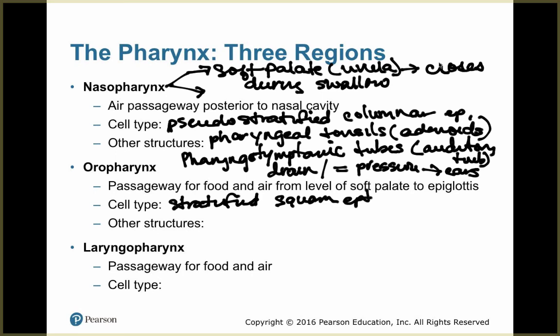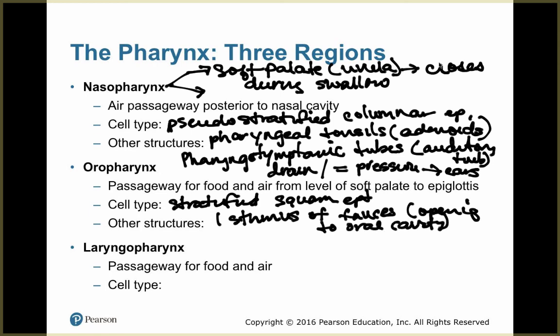The other structures that we have are the isthmus of the fauces, which is the opening to the oral cavity, the palatine tonsils, and the lingual tonsils in this area.